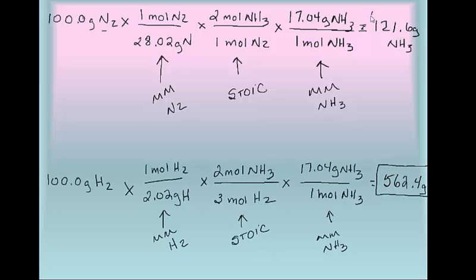And what you're basically asking yourself is, which one of these two reactants will make the least amount? Well, since this guy is the smaller of the two numbers, he is the least amount of product.